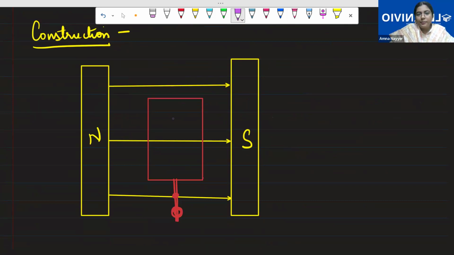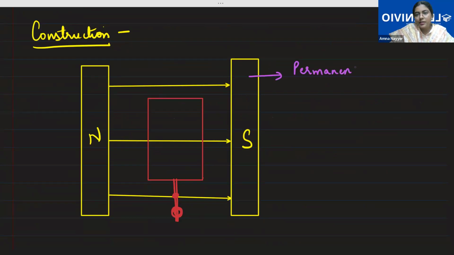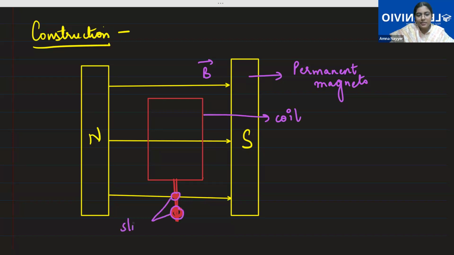See, basically you have permanent magnets taken, and the magnetic field runs from north to south. And there is a coil present, which is put on some slips. These are the slips, so that it can rotate.